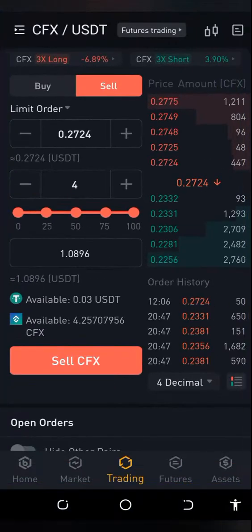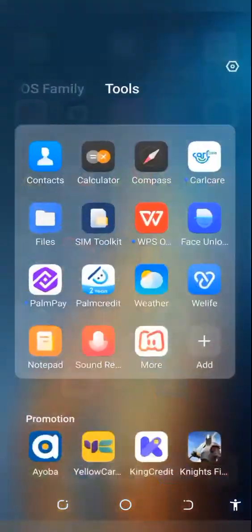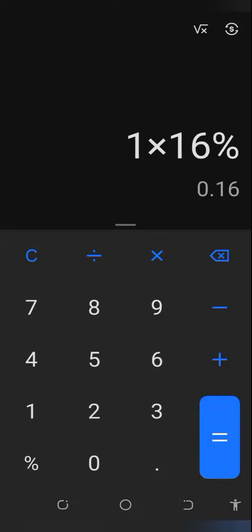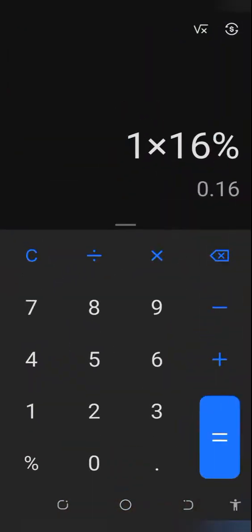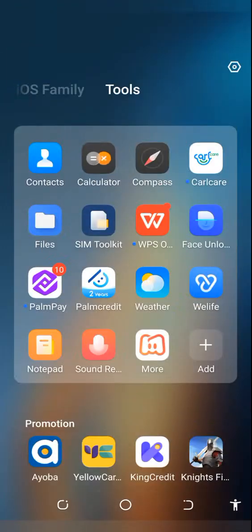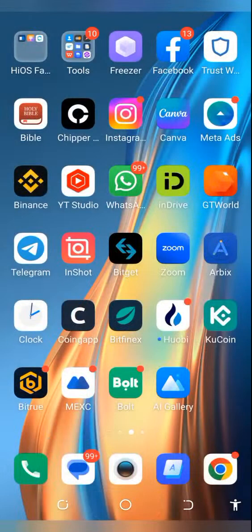$1.08 is good because that means that if I calculate it, right? That's 1 times 16%. Yeah, that's it. We have, well, what's that actually? Oh, this is supposed to be $1.16. Okay, but it's giving us less. Don't forget that it took a little bit out of the transfer fees.